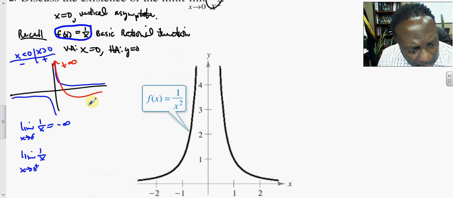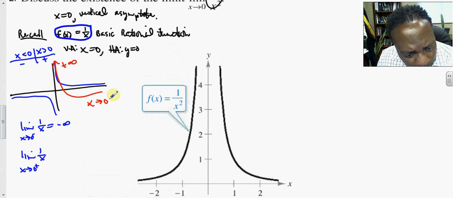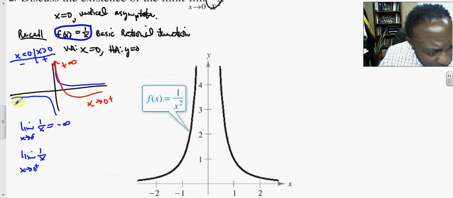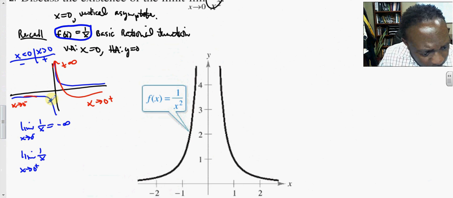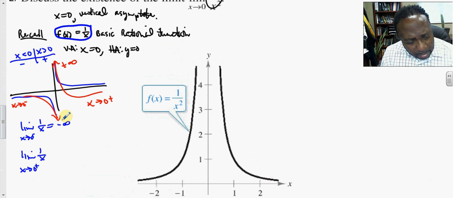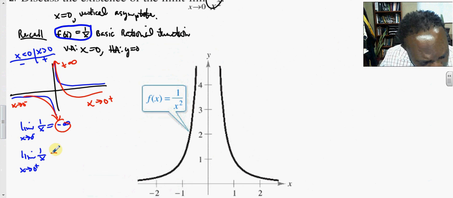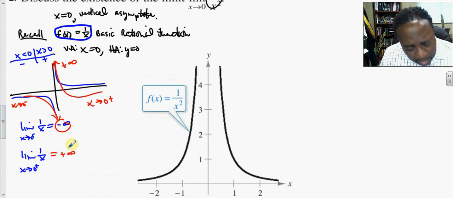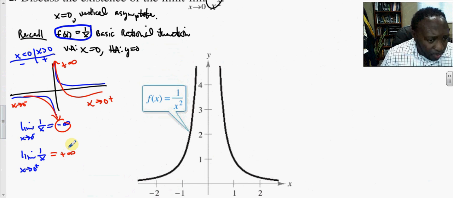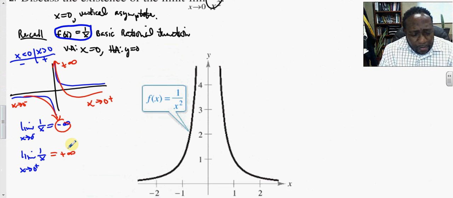As x goes to 0 from the left, it blows up down in the abyss, and that's why we get negative infinity. Now obviously, if the limit is infinity, we say that the limit does not exist, because infinity is not a number.